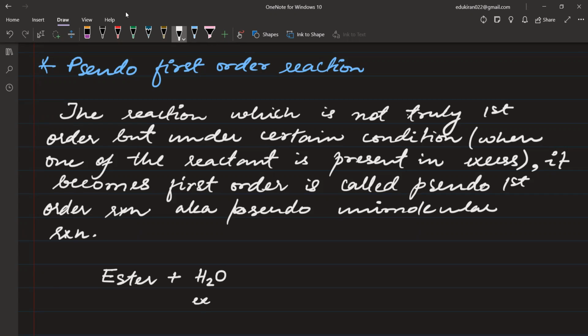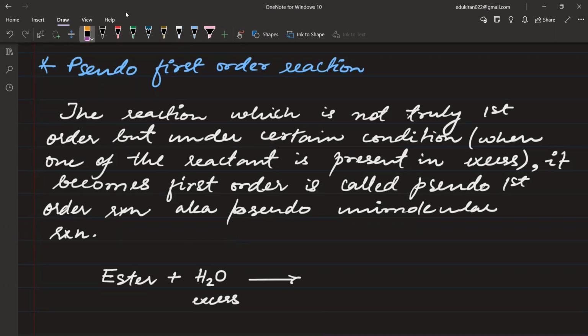Now, H2O is present in excess. If something is present in excess, what does excess mean? More than required, right? If you reduce it a little, it won't go below required. It will still be more than required. Like if you add more water to excess water, then that is not going to change the rate of reaction.